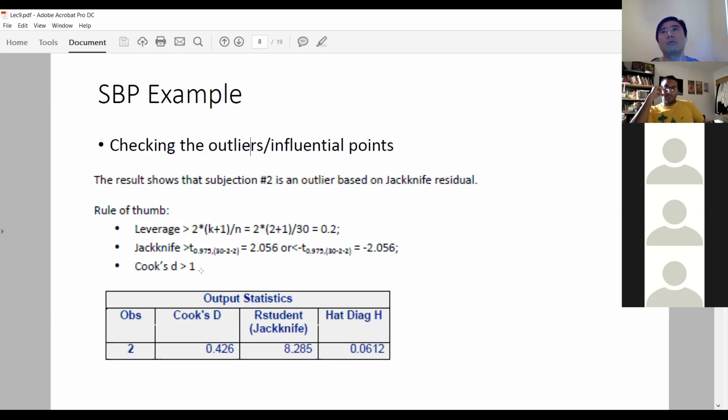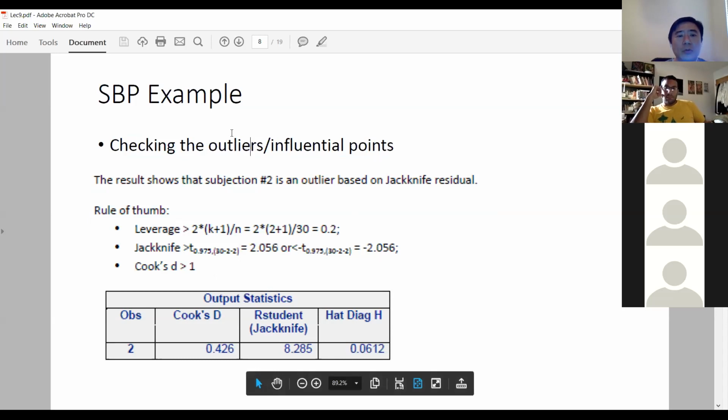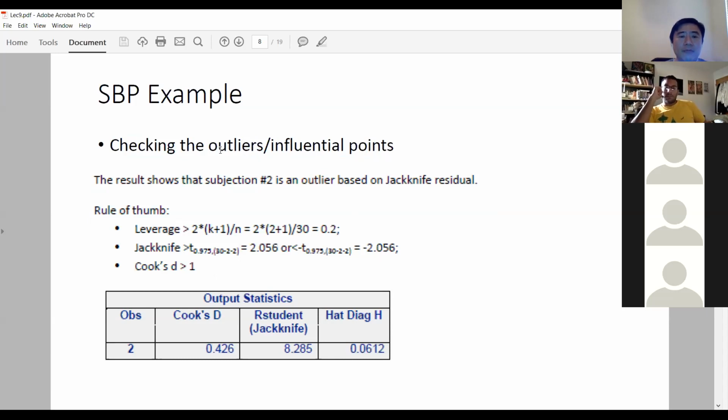The reason you need to worry about outliers here is that polynomial regression is for better model fitting. So for better model fitting, you need to check the outliers and influential points, right? Because influential points and outliers may impact the model fitting.